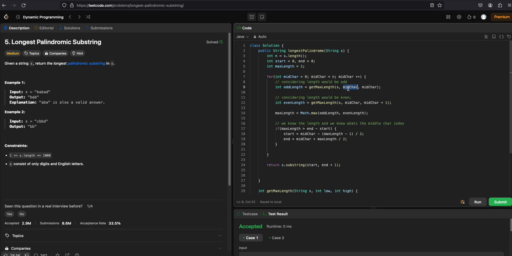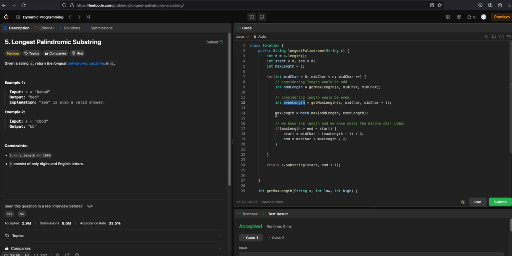This is only one character, so I'm just giving this as the starting point. And even length can be my point and plus 1 point. My point is the starting point, whatever character is there, and the next one is I plus 1. Now you got both of them: the even length middle palindromic character and the odd palindromic character.